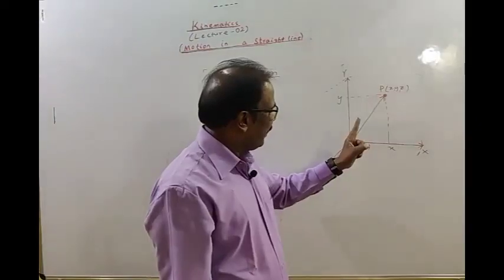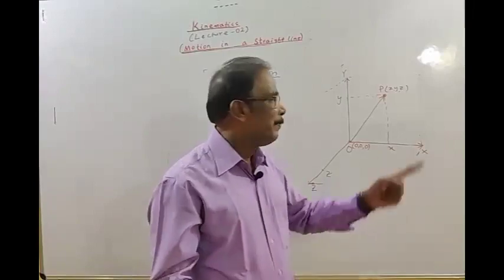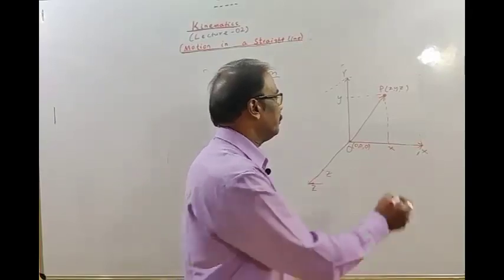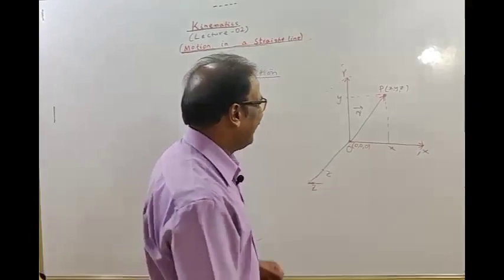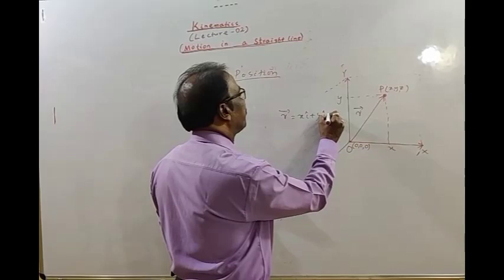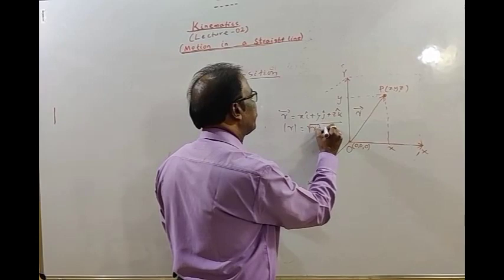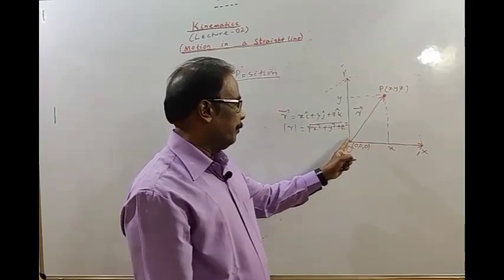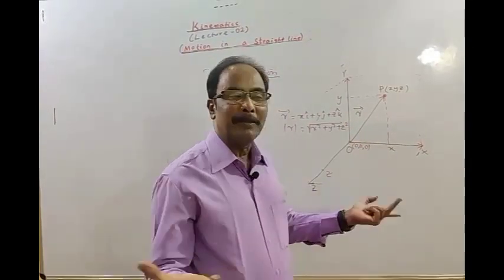We have to measure the length of this position vector, meaning the magnitude. The arrow mark shows the direction of position with respect to the origin. All these things are given by the position vector r. Its expression, as we have discussed, is x i cap plus y j cap plus z k cap in terms of unit vectors, and the magnitude is the square root of x square plus y square plus z square. Accordingly we can calculate the angle made by the position vector with the x-axis, y-axis, or z-axis.